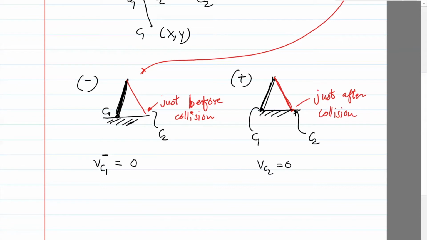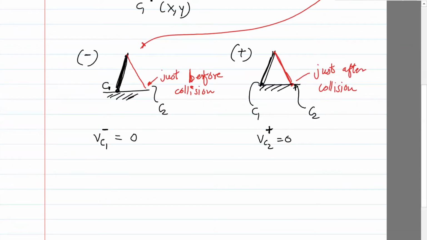So I'll say that V C minus is equal to 0. And then the instant just after collision is usually denoted by plus. We do that because we assume that the time does not change during the collision. The collision takes place so fast that you don't really see a change in time. That's why we write minus and plus.